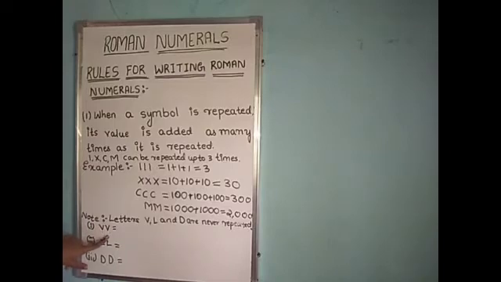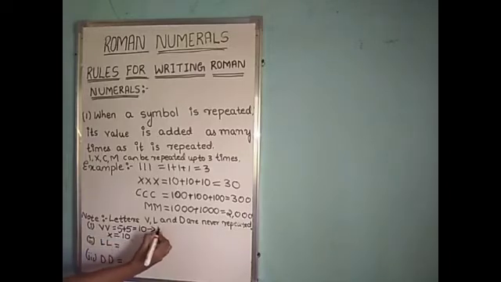So we have to add 5 two times. 5 plus 5 is equal to 10. We know that the symbol X is equal to 10. So this one is wrong. This one is correct.